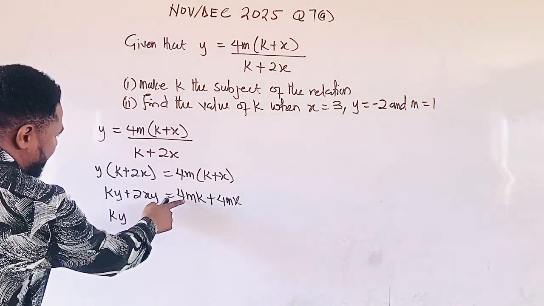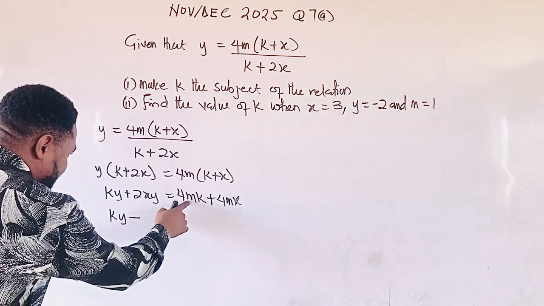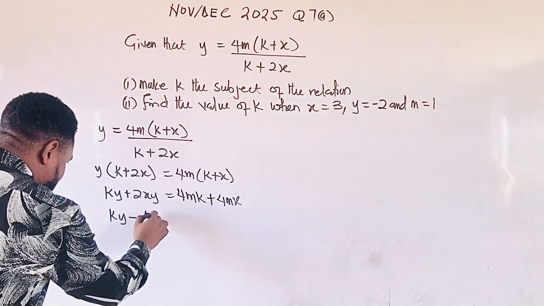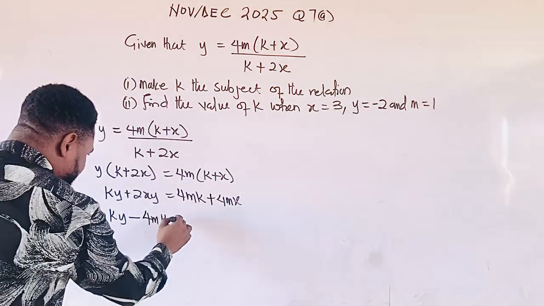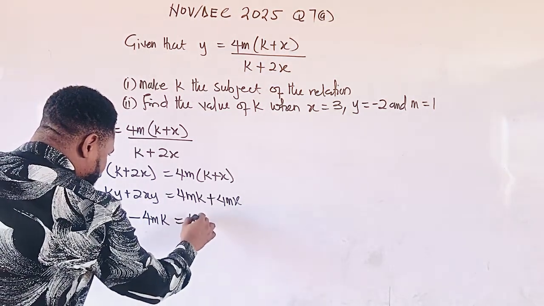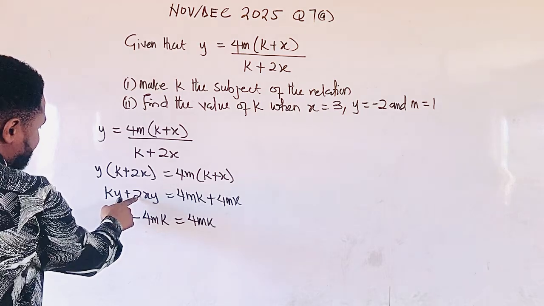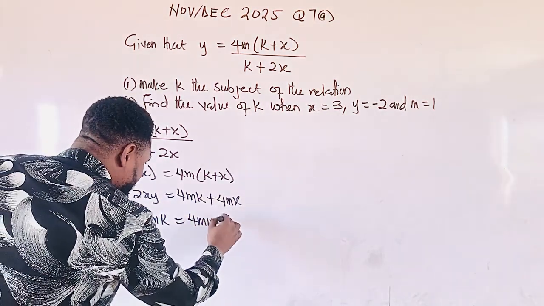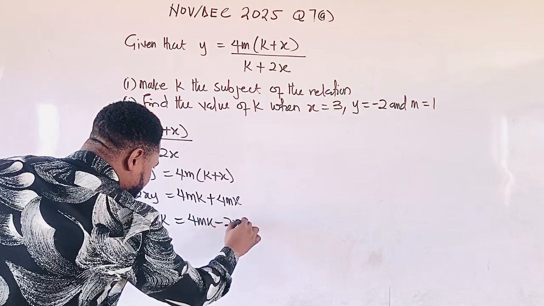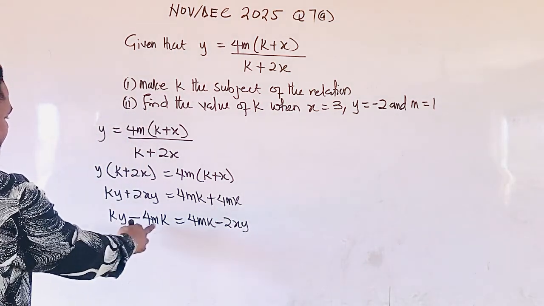We transpose our 4mk to the left hand side, and the 4mk is positive, so when it comes to the left hand side, it will turn to negative, or equal to 4mx. We also transpose our positive 2xy to the right hand side, and it will be negative 2xy.